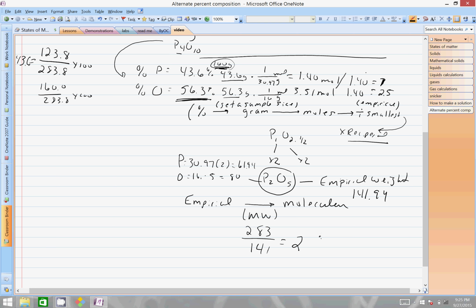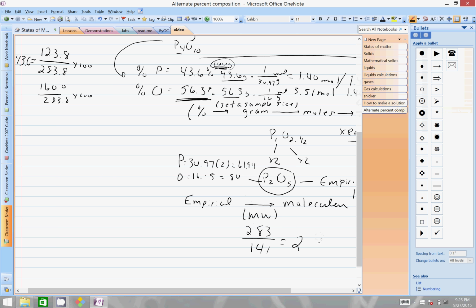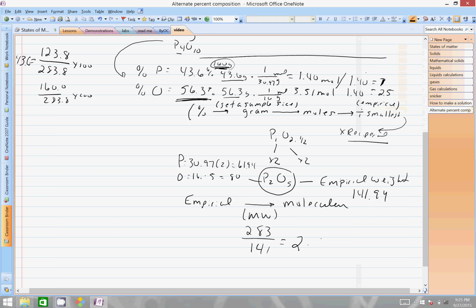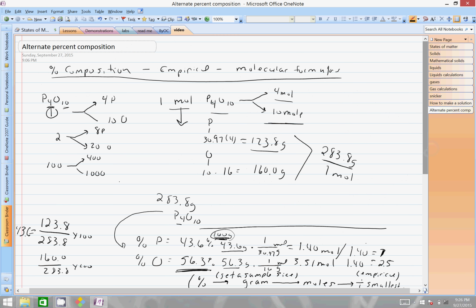So my actual formula is 2 times that. And 2 times that would give me P4O10.